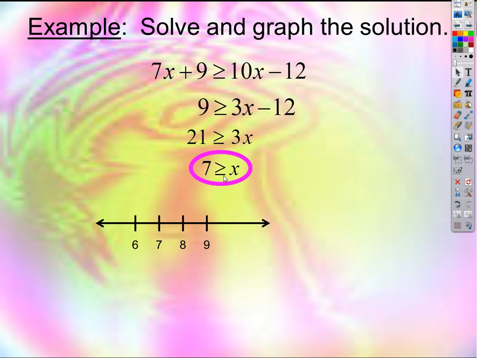I'm going to put a closed circle on 7 and shade in which direction if x is less than or equal to 7? Left. Okay, good. Remember, this is describing if an ant can walk in this region, then the ant could step on 7 or walk to the left, right?